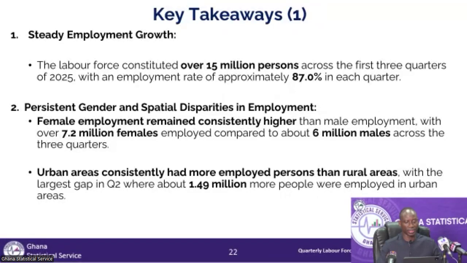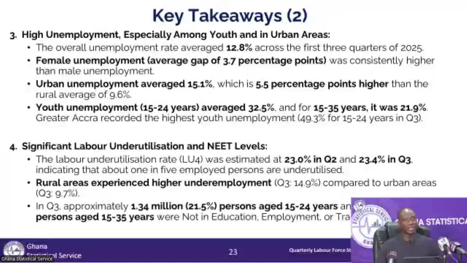Secondly, we've seen that gender, youth, urban, and regional disparities remain significant. Third, we've also seen that underutilization and very high NEET levels pose serious risks. Fourth, skills and qualification mismatches are prevalent, and we know that they reduce productivity. So it's something that we must watch.